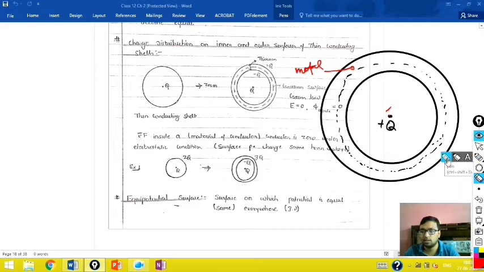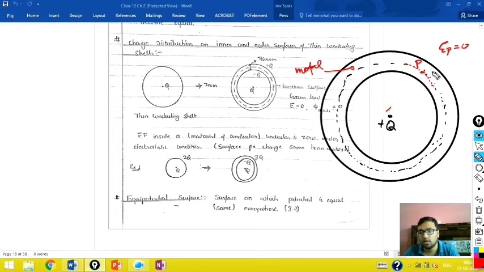In that case, just try to think. We have a point P inside a material, inside this metal. If I ask you what is the electric field at this point P, you know that by property of conductor, the electric field is 0 inside the metal, for conducting material.